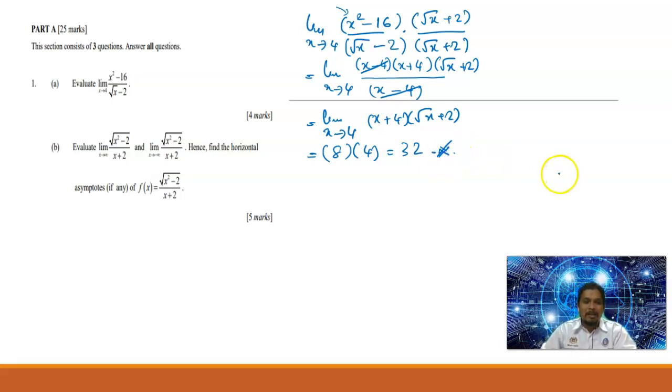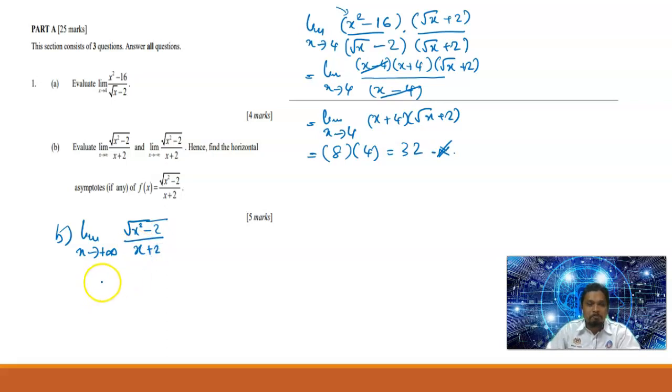Okay. And then evaluate limit of square root of (x squared minus 2) divided by (x plus 2). This is a limit of x approaching positive infinity and a limit of x approaching negative infinity. Okay, so for B, limit of x approaching positive infinity of square root of (x squared minus 2) divided by (x plus 2).